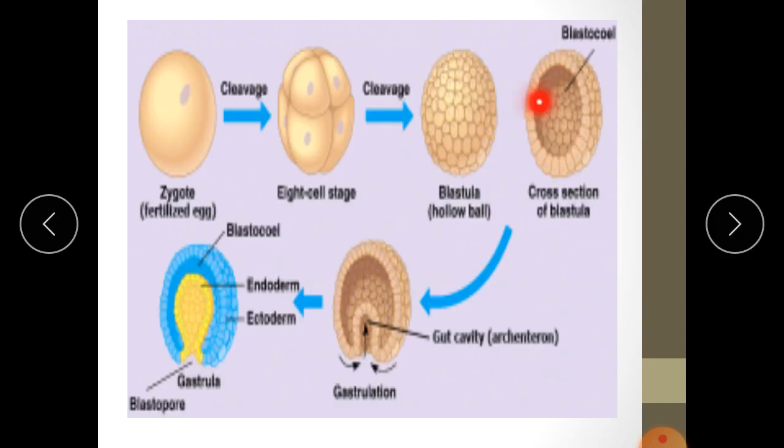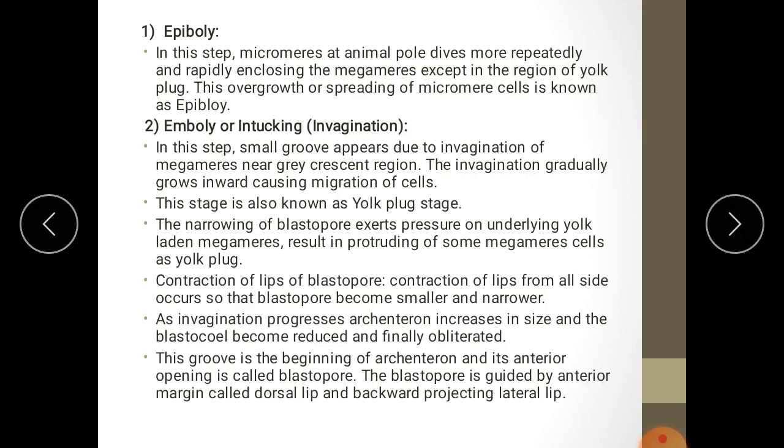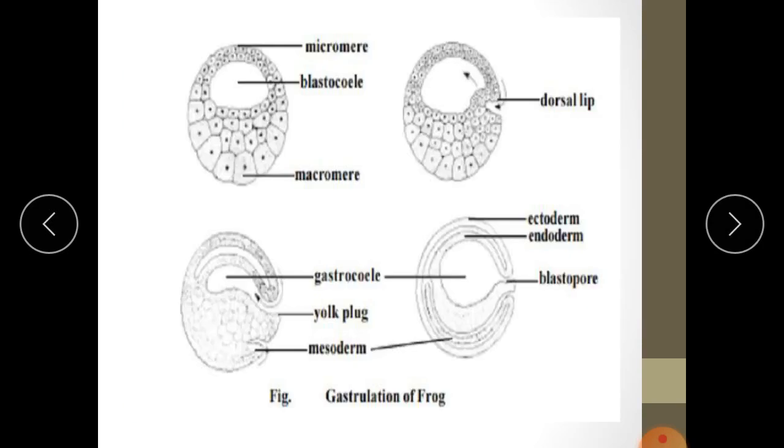Can you see here? This is the cavity. The lower cells are larger in size, the upper cells are smaller in size. Here you can see clearly. So this is the blastula stage. These are micromeres and these are macromeres.